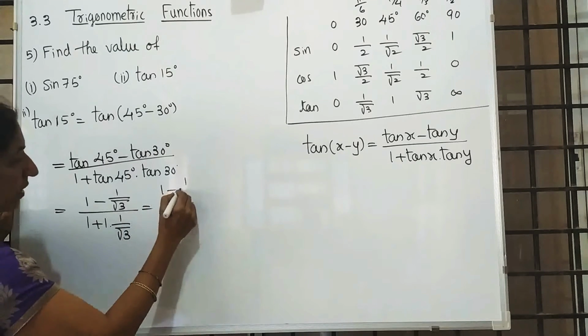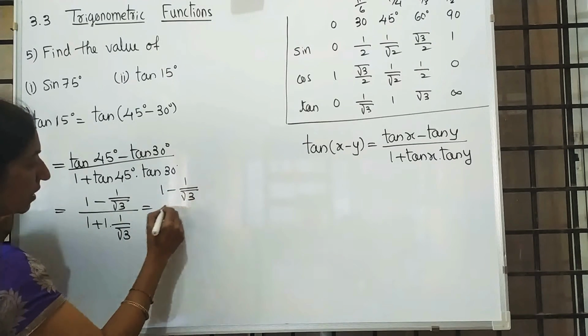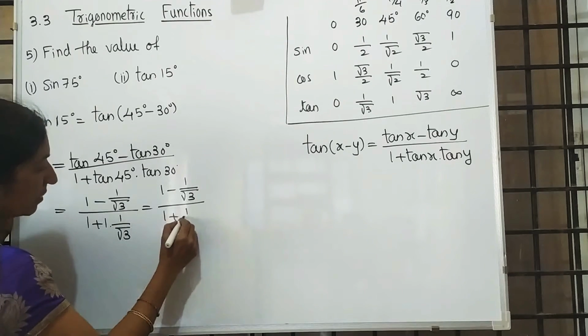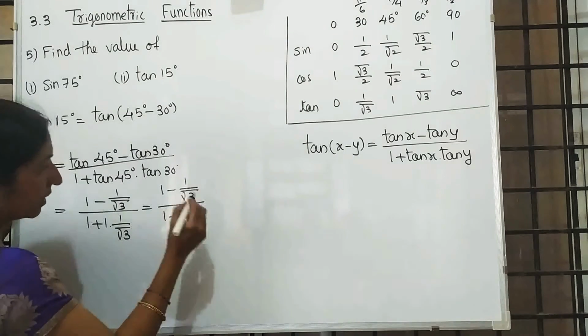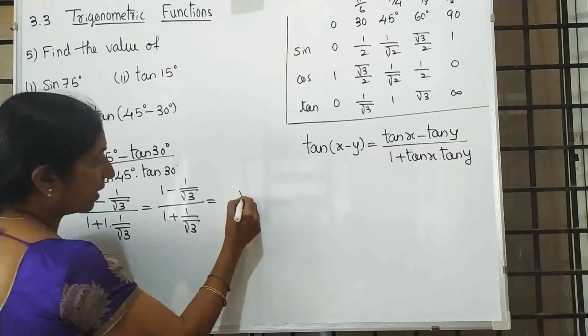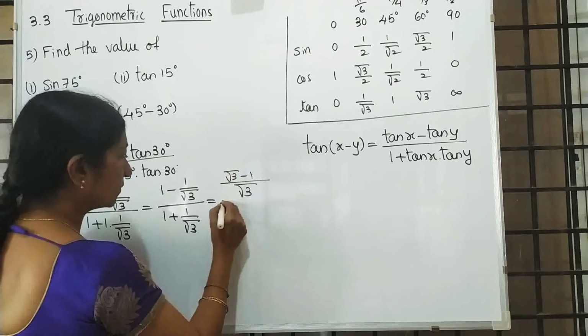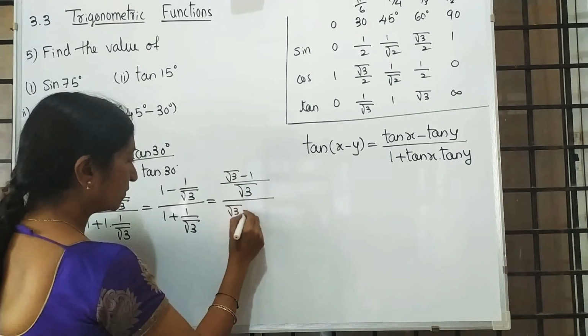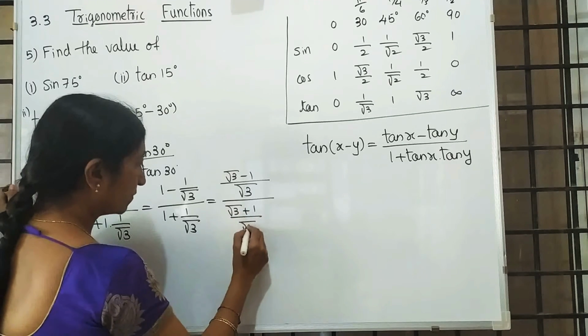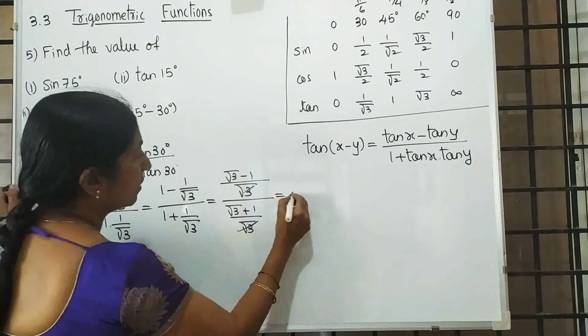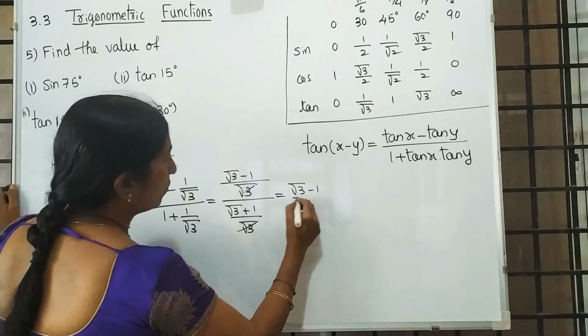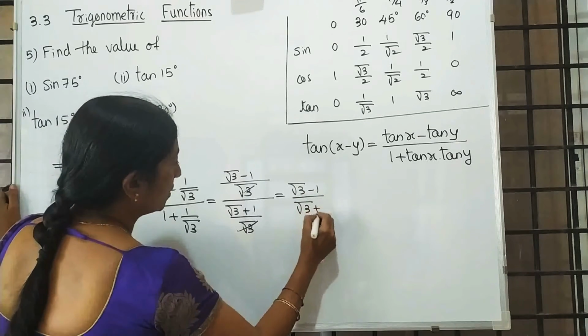So it is 1 minus 1 by root 3 upon 1 plus 1 by root 3. Take the LCM for both numerator and denominator. Now it is root 3 minus 1 upon root 3 plus 1.